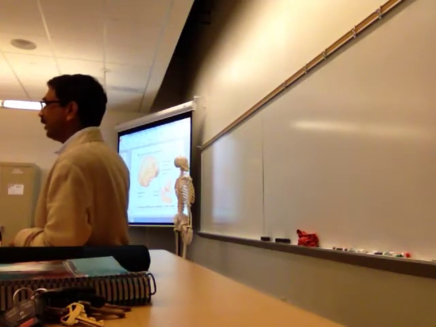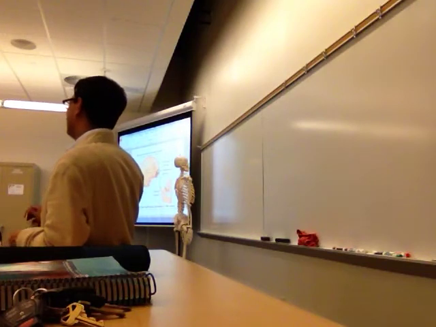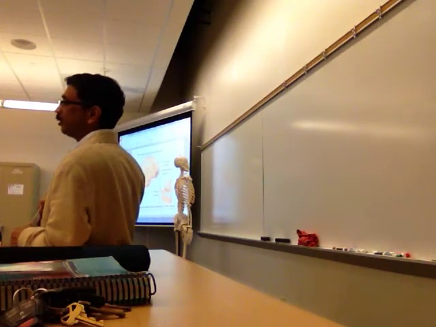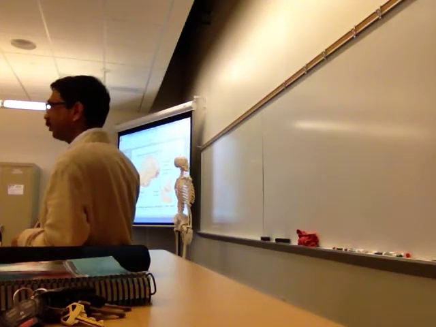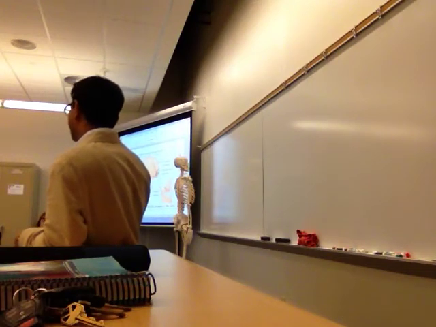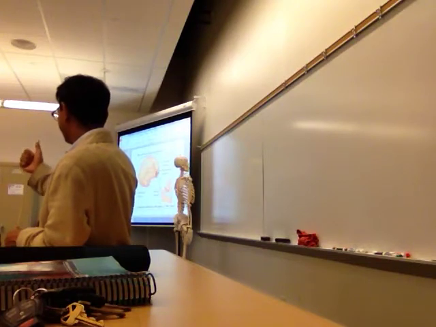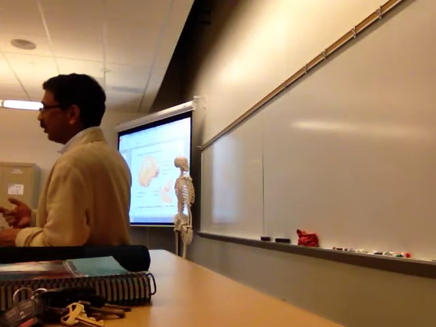Okay. So how many cervical vertebrae do you have? 7. The first one is what? Atlas. It doesn't have any body. It has 2 arches, right? The dens is present in C2, right? An extension going up like this, present in C2.